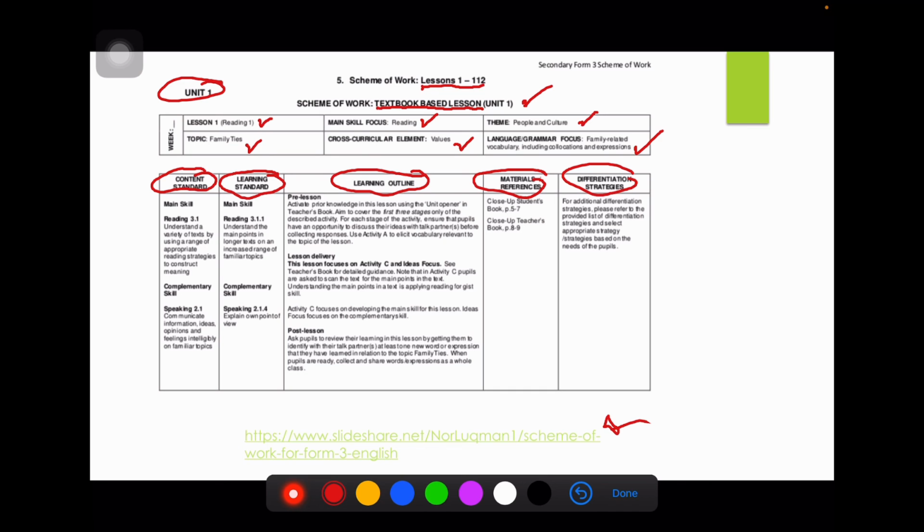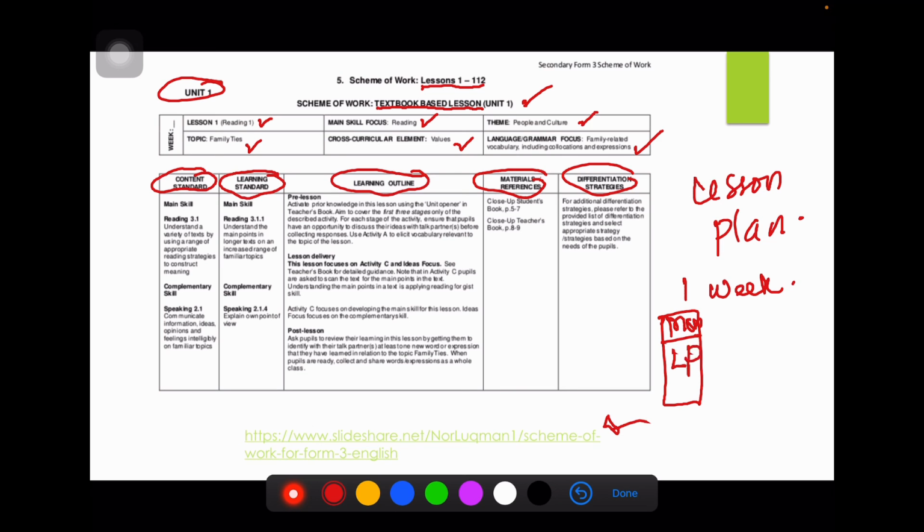You see that the scheme of work is slightly different from a lesson plan. Scheme of work can be for 1 week. And for each day, like Monday, you plan your lesson plan, LP.